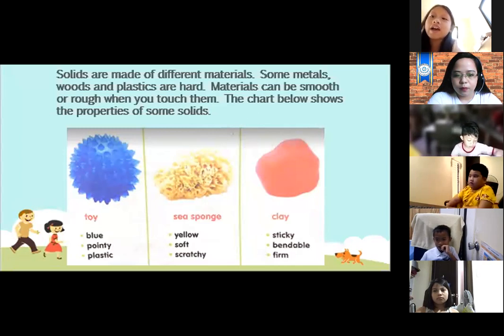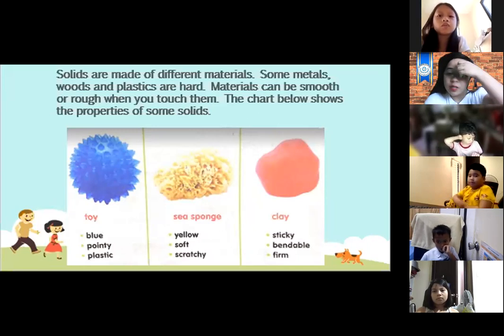Materials can be smooth or rough when you touch them. The chart below shows the properties of some solids.